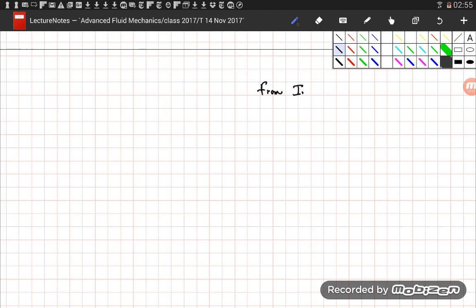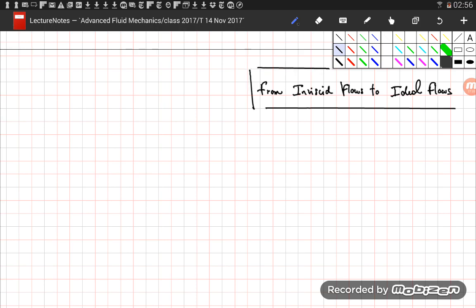So we'll go from inviscid flows to ideal flows. This is part of Kundu. The reading is in Kundu chapter 7.